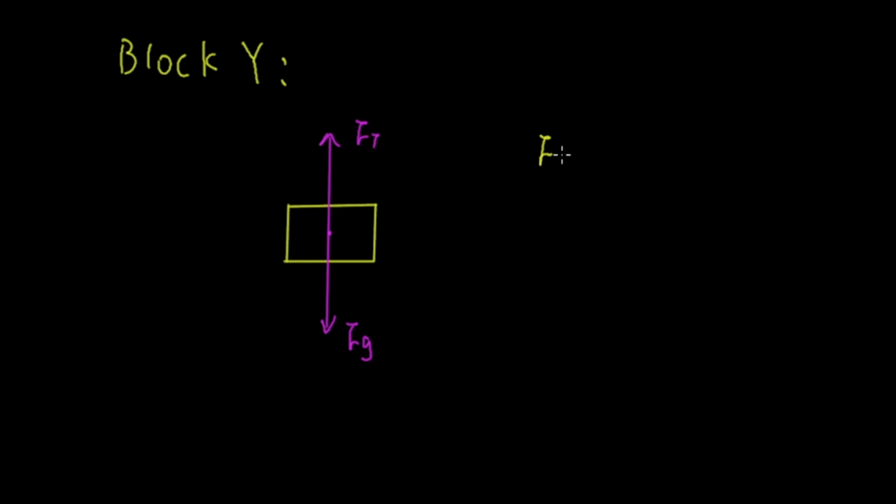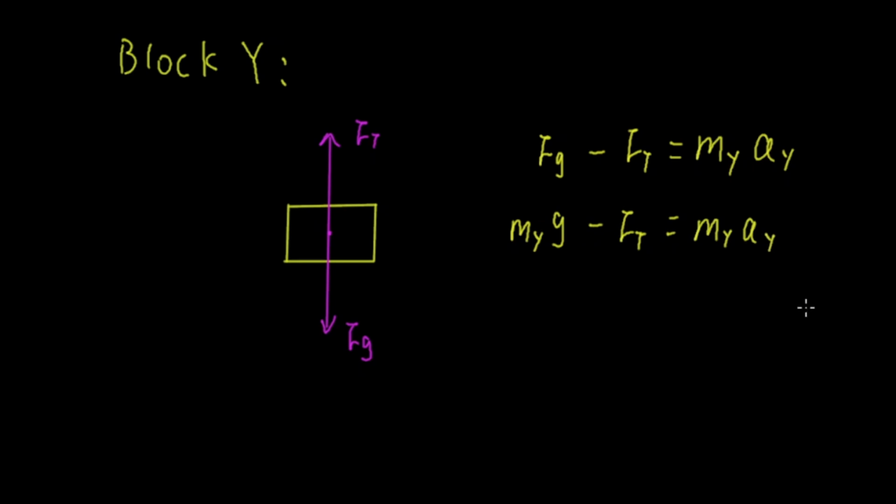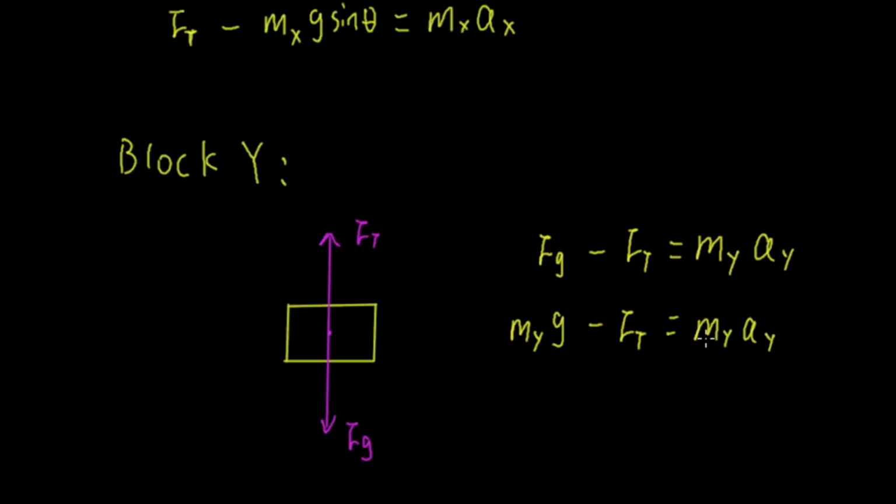So Fg minus the tension force is equal to mass, but this is the mass of block y, times the acceleration in the y direction. And the force of gravity is mg. So again, this is m sub y times g minus tension force is equal to m sub y times a sub y. Okay, now we have the equation for block y as well.